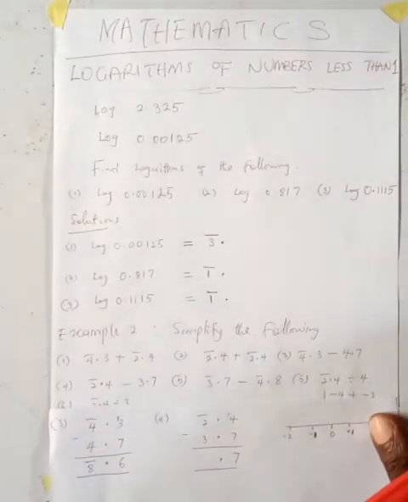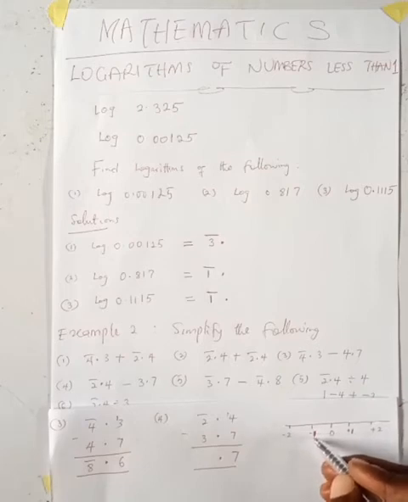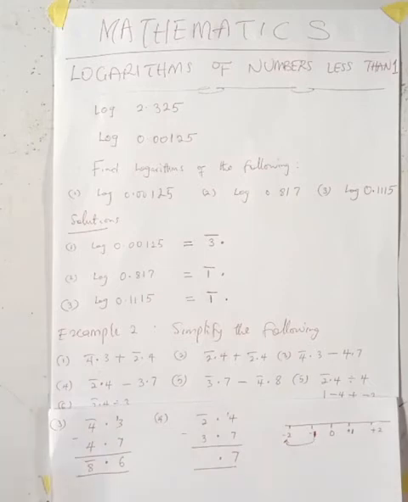Now when we borrow 1 from any number, the effect on such a number is that it is going to reduce by 1. So if I borrow 1 from minus 1 for instance, this number will reduce. To reduce it means we move it from here leftward, and it's going to become minus 2. That concept is what we are going to apply here.